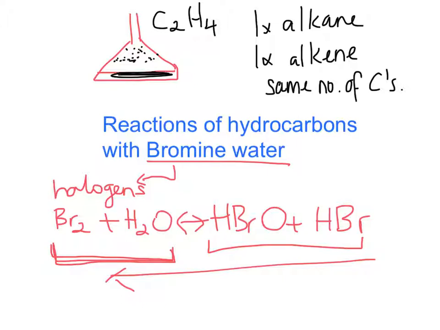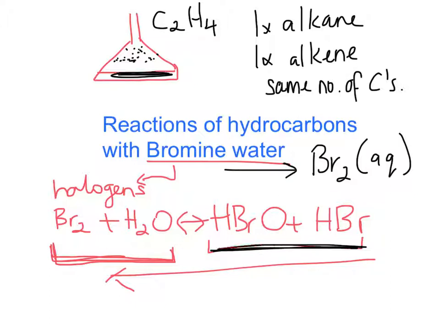So when it comes to writing this in the HSC or even in your prac write-up, it is completely acceptable just to have bromine in diatomic in an aqueous state, and that we know kind of links in with bromine water. You don't necessarily need to include these parts or these products of the reaction.